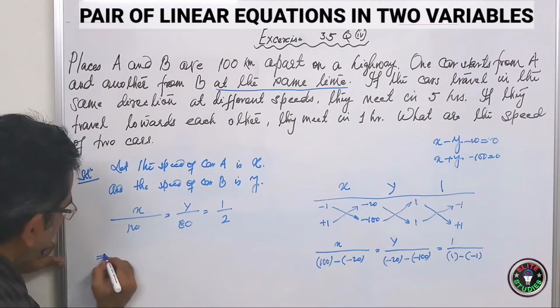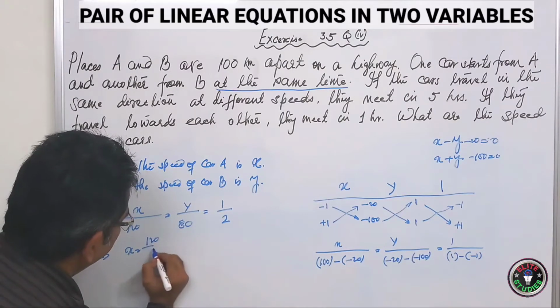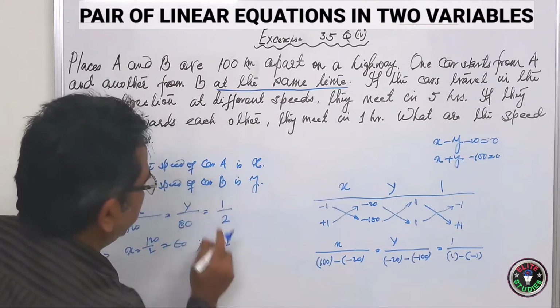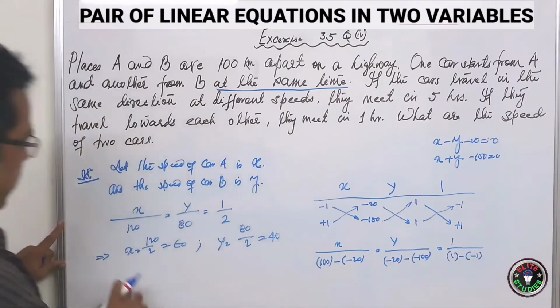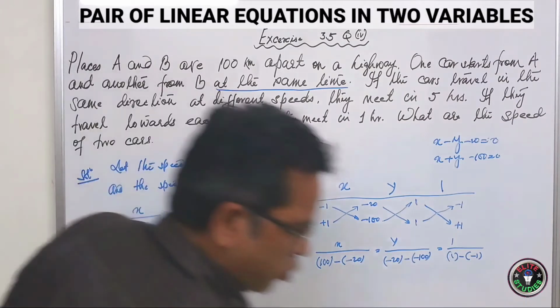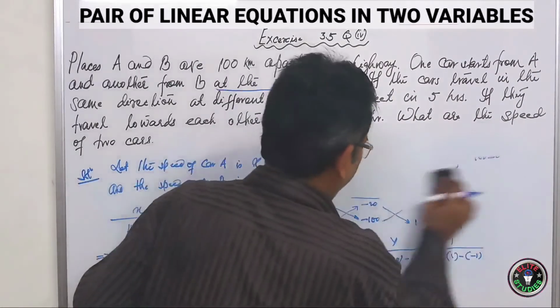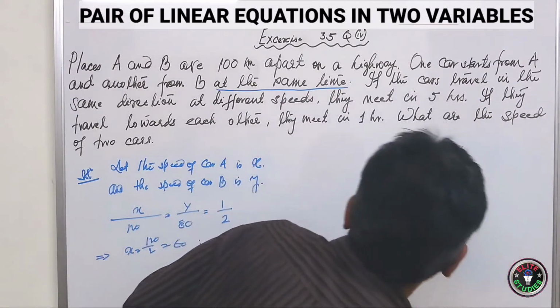So this implies x will be equal to 120 by 2 is equal to 60, and y is equal to 80 by 2 is equal to 40. So we have got the values of the speed of car A and the speed of car B. Now, in such type of questions, as I have already told you, you have to go for verification whether the answer is correct or not.